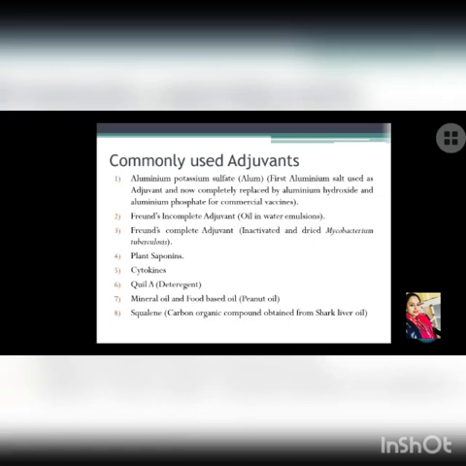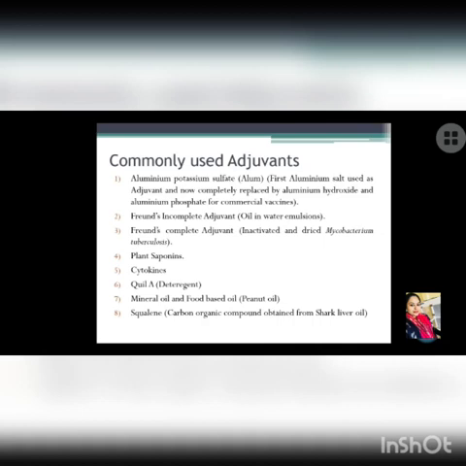There are certain adjuvants which are very commonly used, as I just discussed in my previous slide, like the aluminum salts. Alum is the first aluminum salt which was used as an adjuvant, and it is now completely replaced by aluminum hydroxide and aluminum phosphate for commercial vaccinations for better performance.